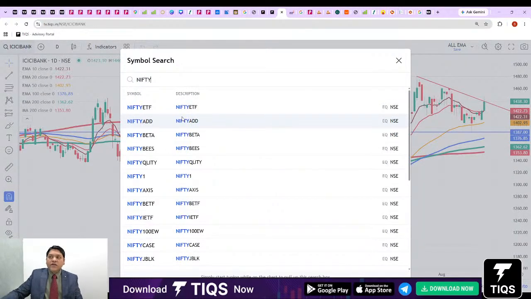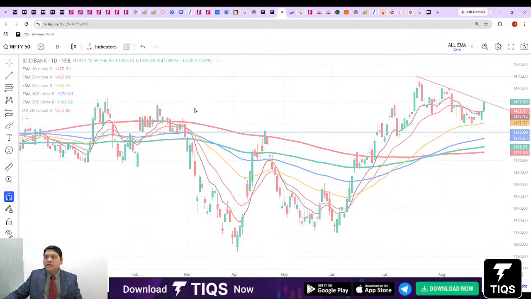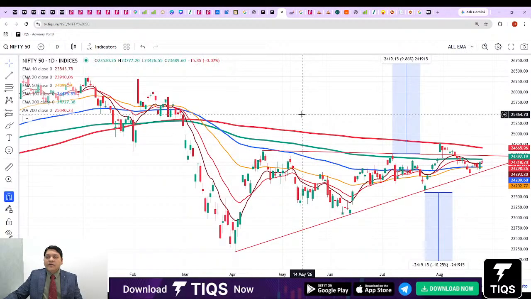To check the Nifty, I have used certain EMAs, the moving averages, which will help us understand what exactly the trend of the Nifty is. The trend structure I have already shown on the charts. You will be able to understand the structure, I will explain that as well, and we will then do the analysis of the current momentum, what it is showing.